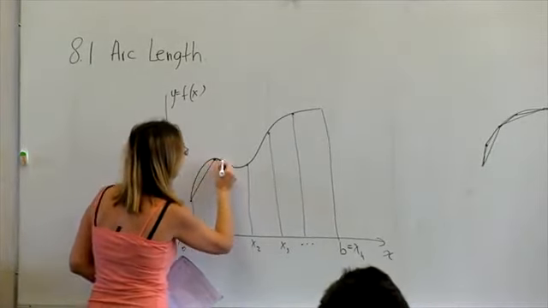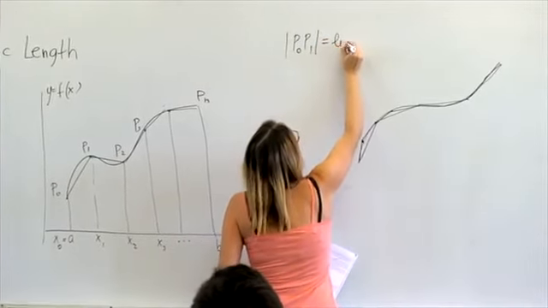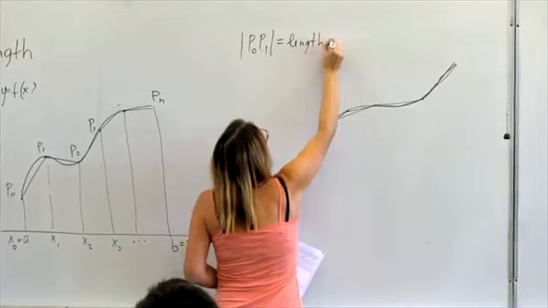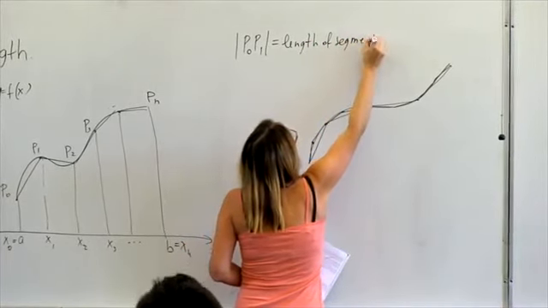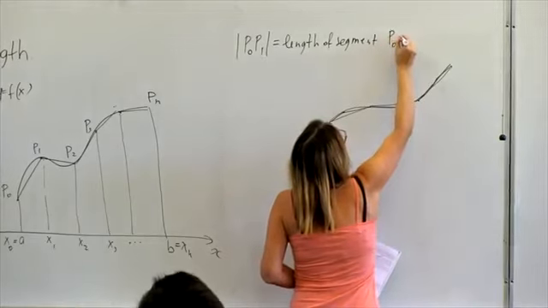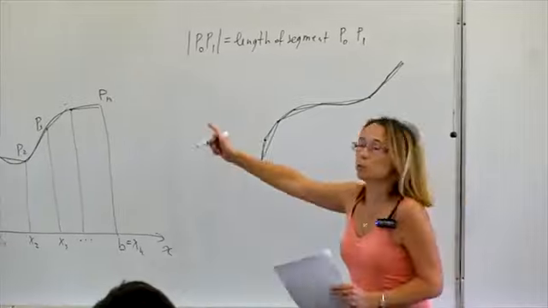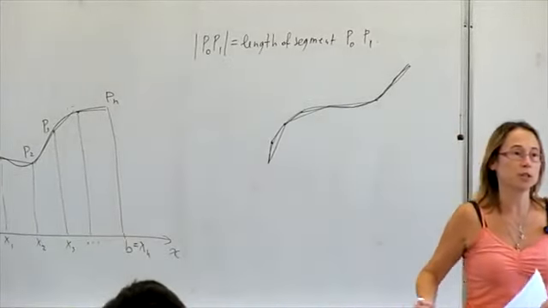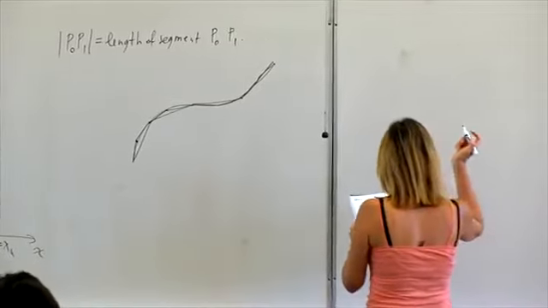And now the length of each straight segment can be denoted like this. P0, P1 is the length of segment P0, P1, right? So if we add them up, we get an approximation to the length of this curve.